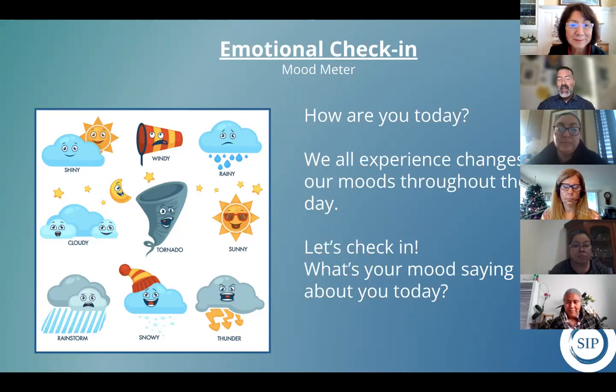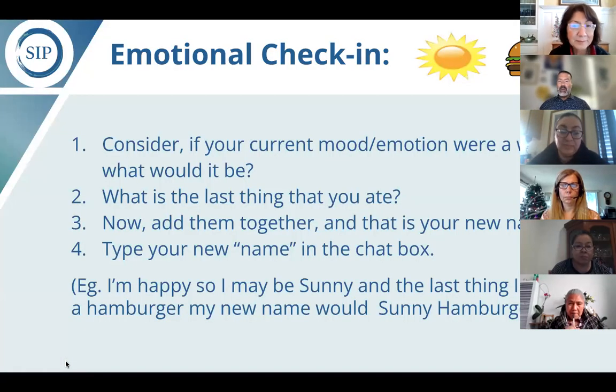So pick one of those weather types on the left. Keep it in your head. All right, so in consideration of your current mood, what would it be if your emotion were a weather type? And then also think about what's the last thing that you ate.